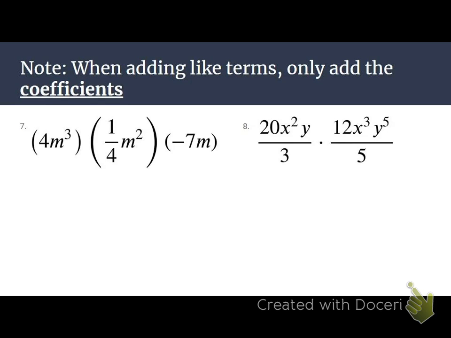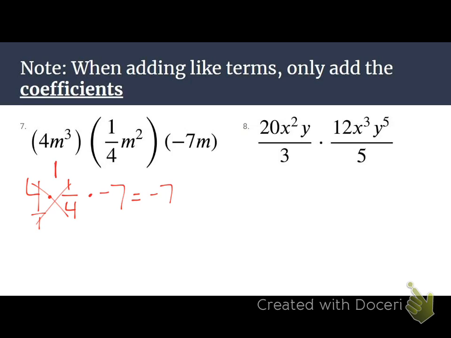We could take 4 times 1/4 times -7, sorry. If we do that, 4 times 1/4 times -7 is -7. 4 times 1/4, those reduce to a 1.